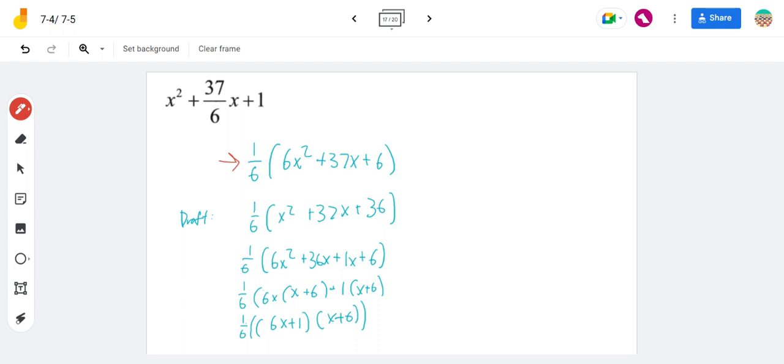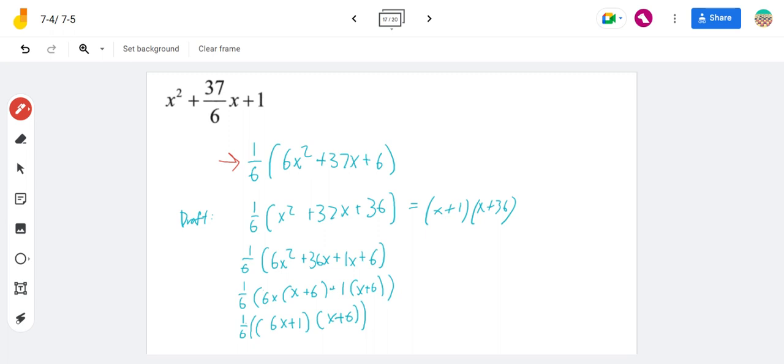Okay, so from the draft, we know that we need to split the 37x into 36x and 1x. Then we can factor out the 6x, and here we keep the x plus 6.